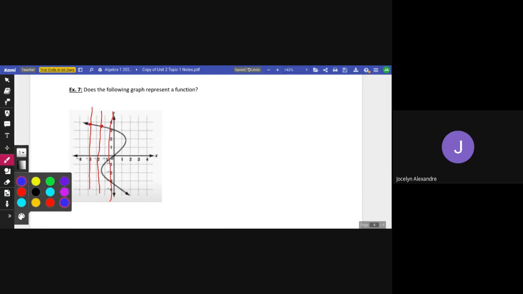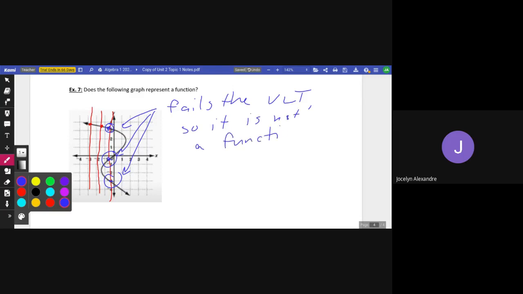It goes through the function 1, 2, 3 times. And that's a problem. So these 3 intersection points means it fails the vertical line test. So it is not a function.